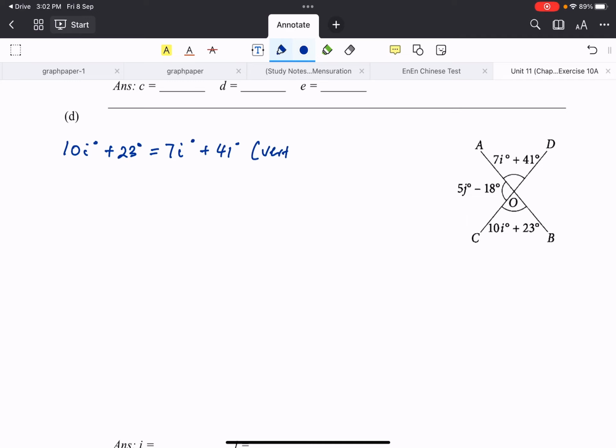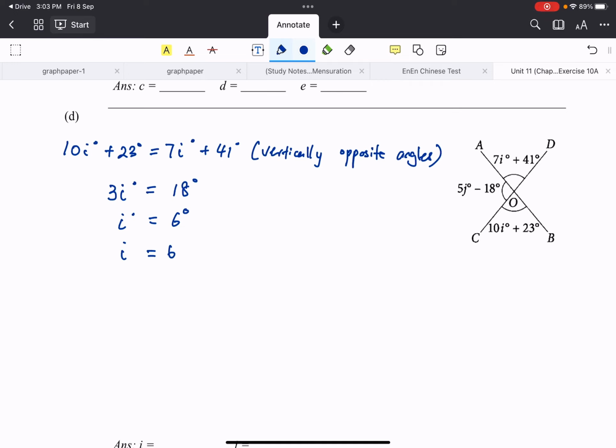This is because they are vertically opposite angles. So we simplify this. 10i minus 7i is 3i. So 3i degrees equals 41 minus 23, that gives us 18 degrees, right? So i degrees is actually 6 degrees. i is actually equal to 6.